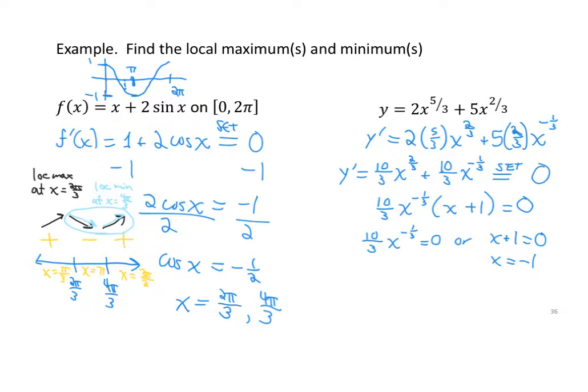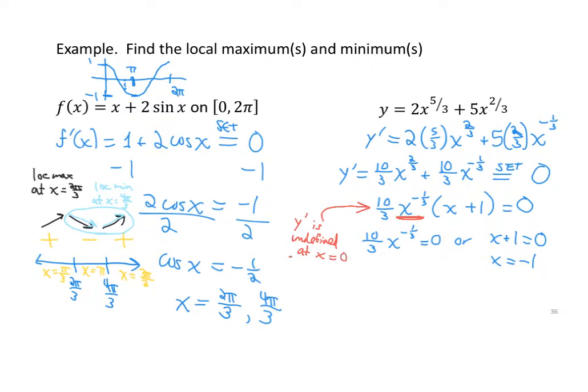What we should notice at the second to last step here is that if I plug in 0 for x, I'm going to have a situation where the derivative is undefined. So y prime is undefined at x equals 0.